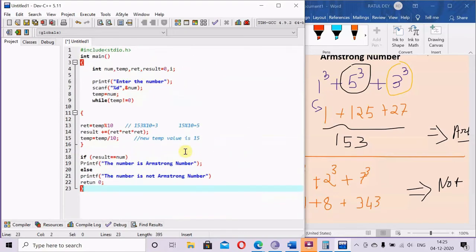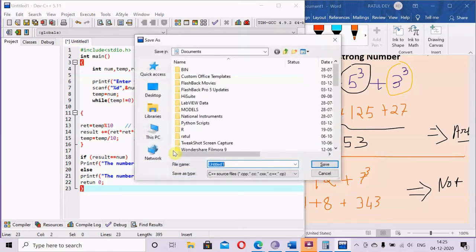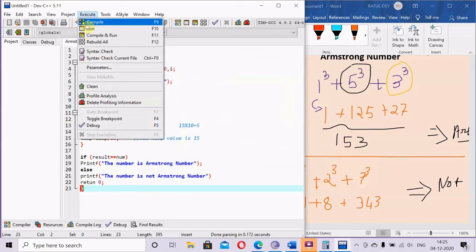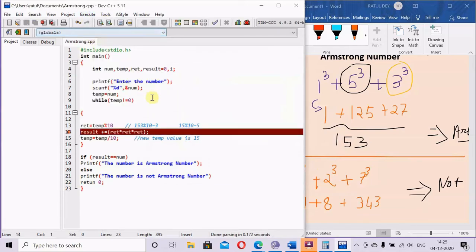Now I will show you the complete code, which we have to check and try to run. How can we run it? First save this. I am writing Armstrong for remembering purposes, and save it anywhere you require. Then go to execute, compile and run.